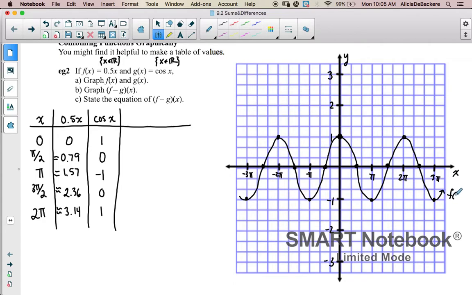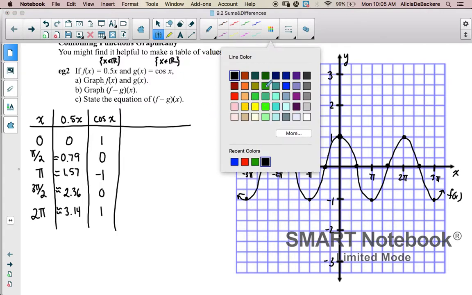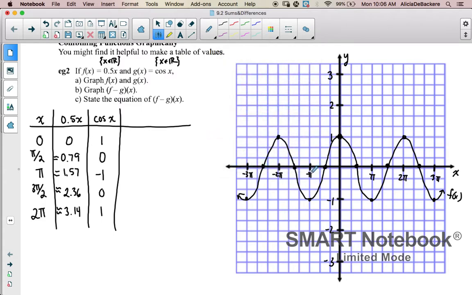Okay, so there's my f of x. I'm going to label it. And just for some color difference here, I'm going to use green for my line.